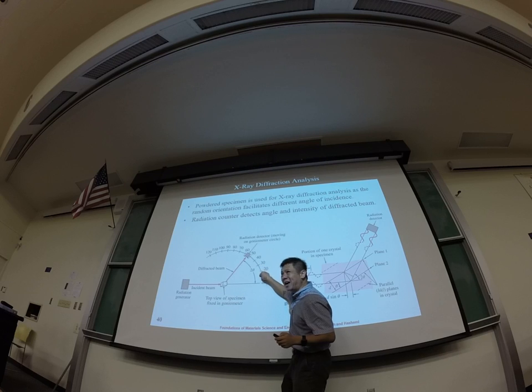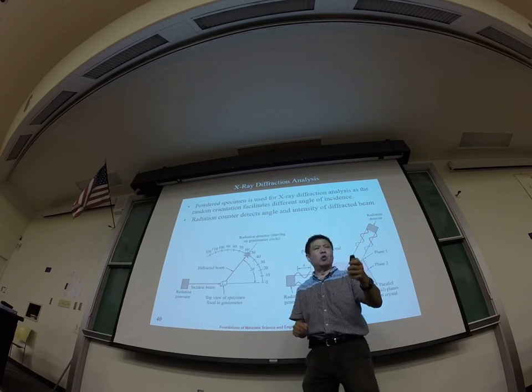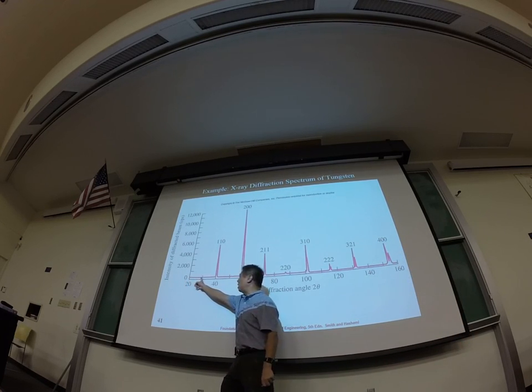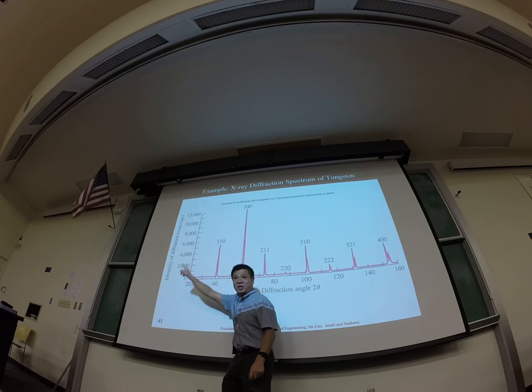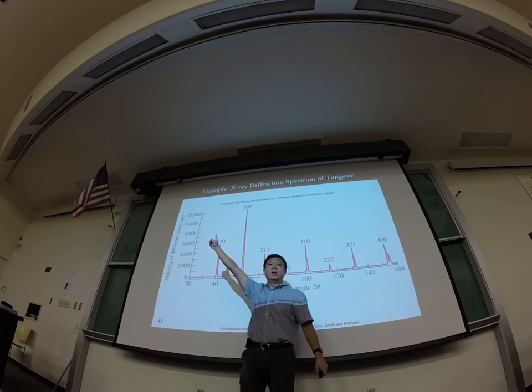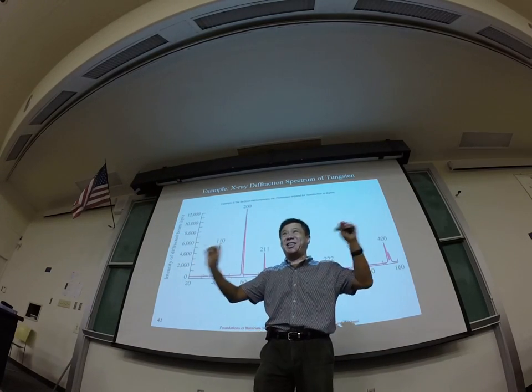But at all the others, there's almost nothing there except some noise. So the intensity is very low at the beginning, and then at a certain angle you will see a sharp increase. That means at this angle, some of the crystal planes get detected.